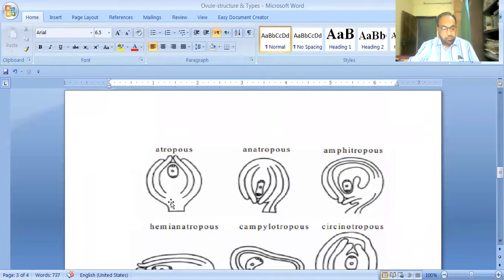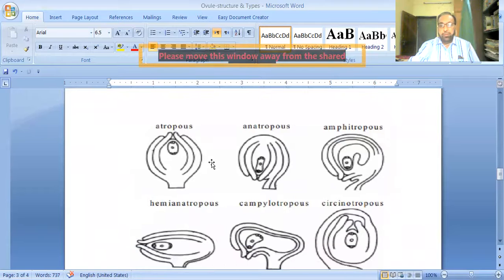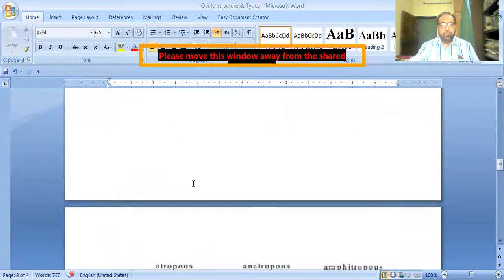This type of ovule is called an orthotropous ovule. An example of this is Piper, Kali Mirch. Some other ovules also show such a structure. It is very commonly present in gymnosperms. This is the first type of ovule.